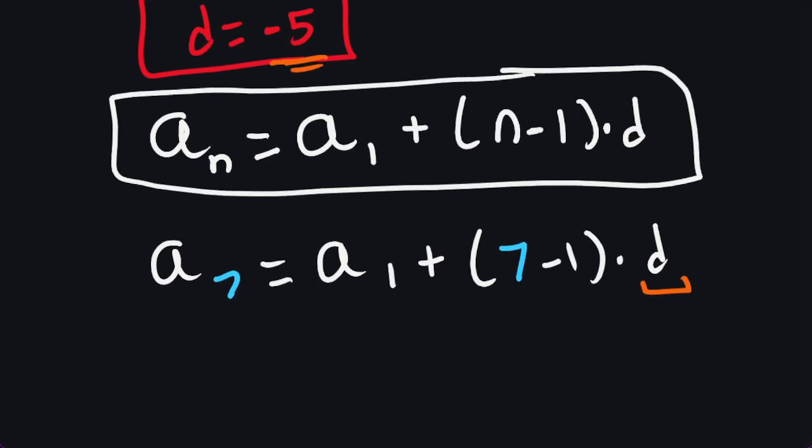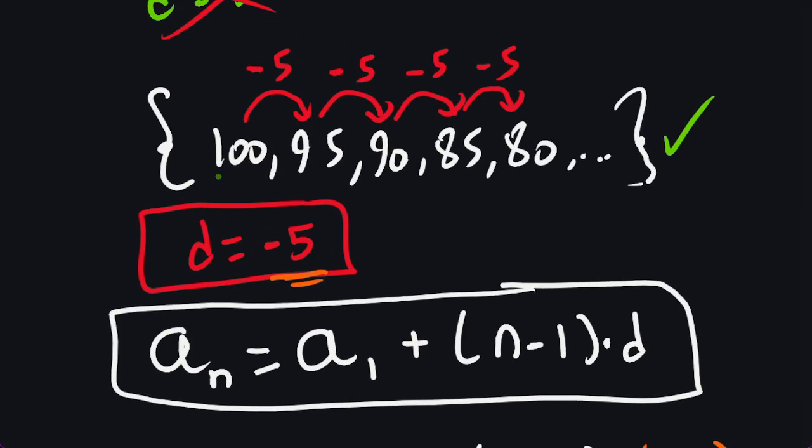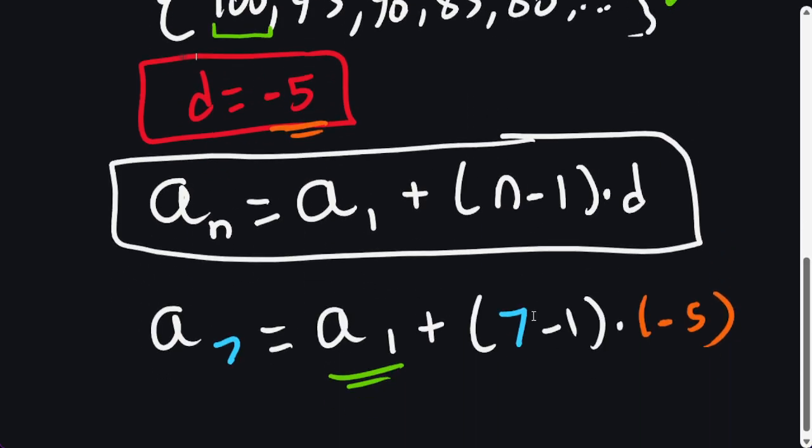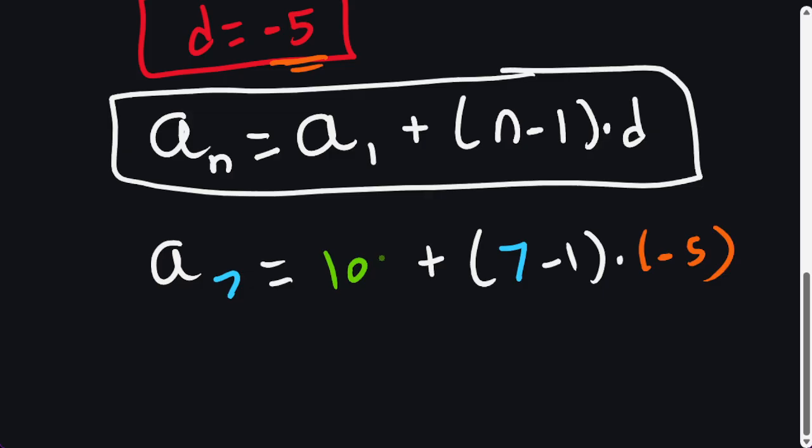So we are going to replace d with negative 5. So times negative 5. And what is a sub 1 right here? So a sub 1 is the first term, 100. So we're going to replace the first term, a sub 1, with 100. And we're going to go ahead and evaluate this.